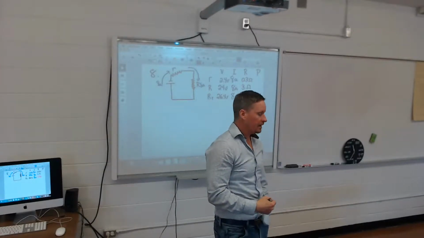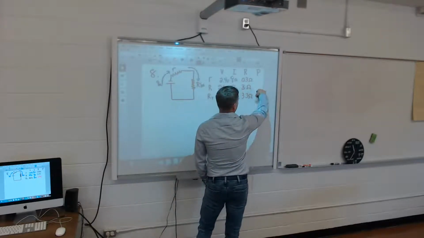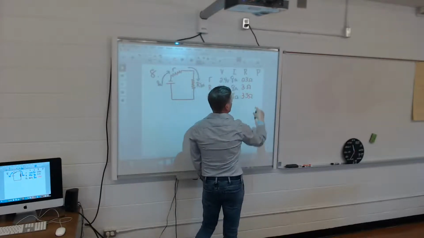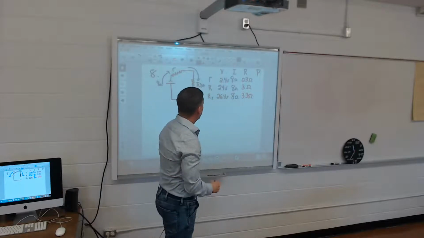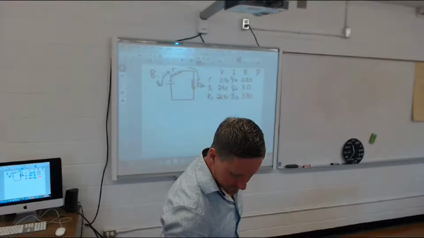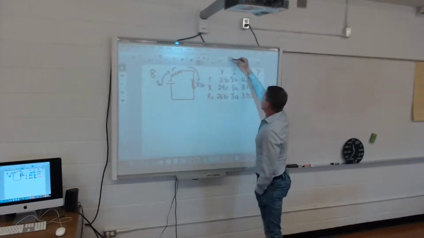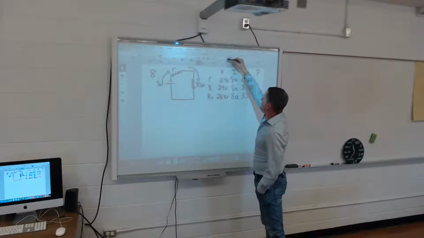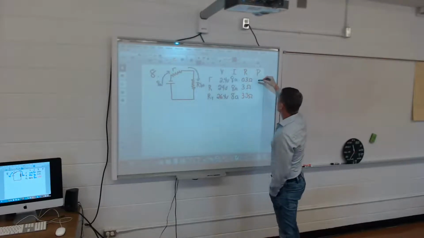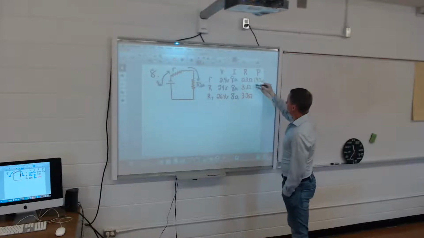We want to find the power dissipated in the internal resistance in the battery and in the load resistance as well. So 2.4 times 8 is 19.2 watts, and this one is 192 watts.